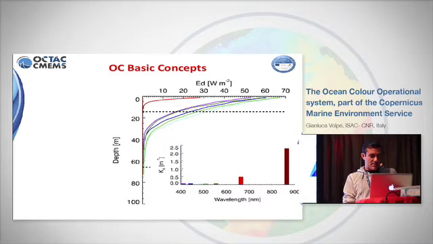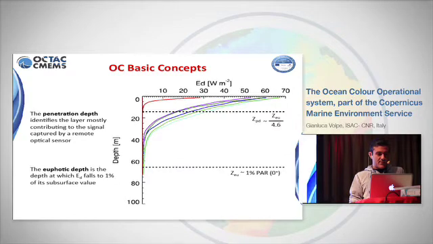This is a KD spectrum, and you can see that the ED decreases faster, goes faster to 0, in correspondence of high values of KD, which is here. Two important parameters can be derived from these profiles.